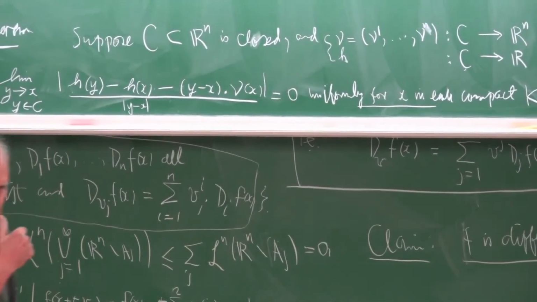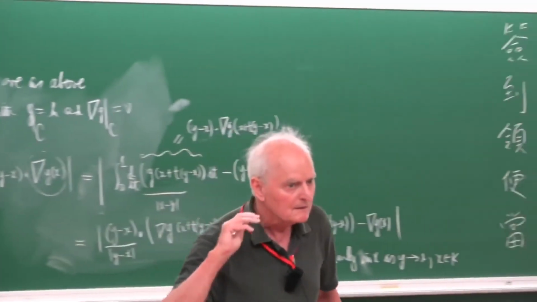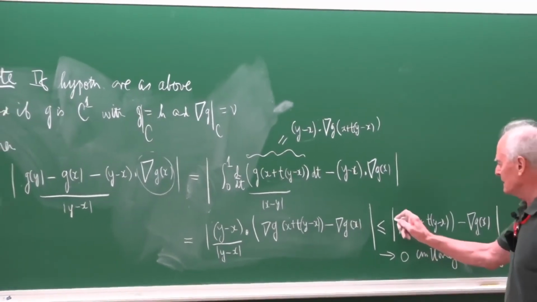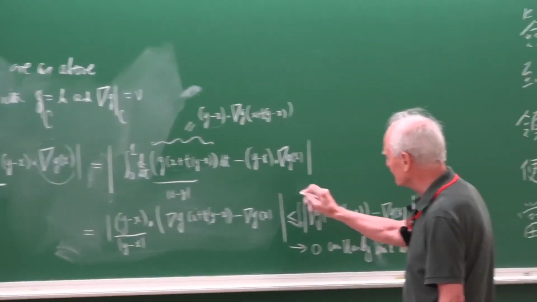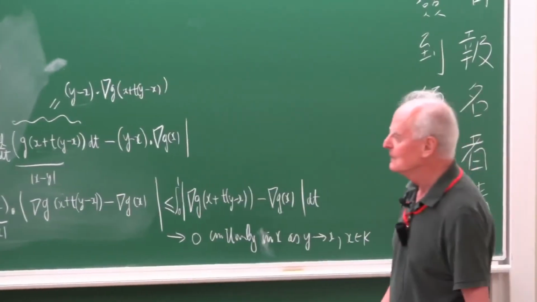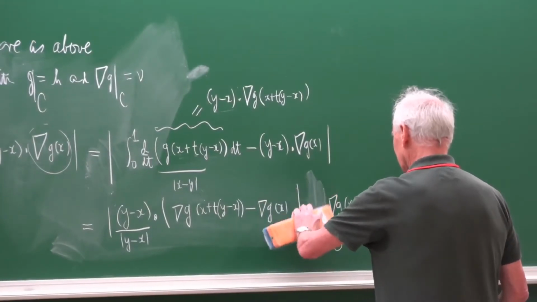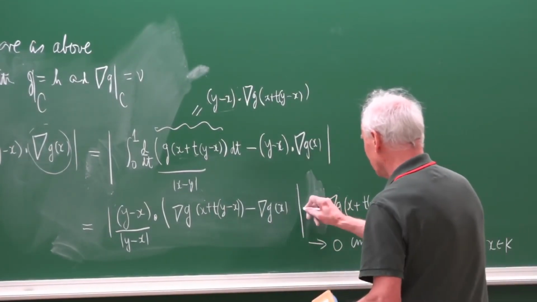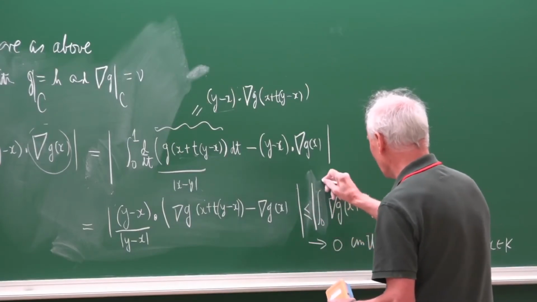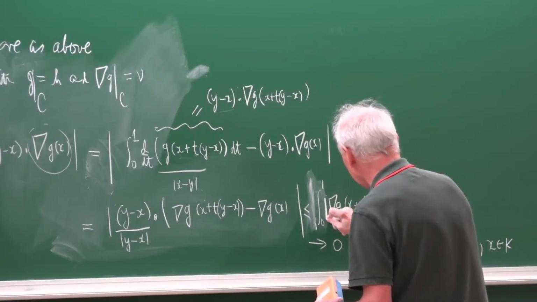Yes? Say that again? Oh, yeah, I'm sorry, it didn't disappear. It's the integral from 0 to 1 dt. I cheated you a bit there. This is less than or equal to the absolute value of the integral from 0 to 1, so we put the absolute values inside.